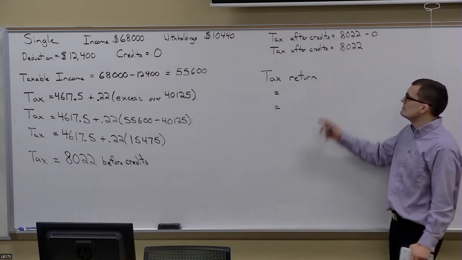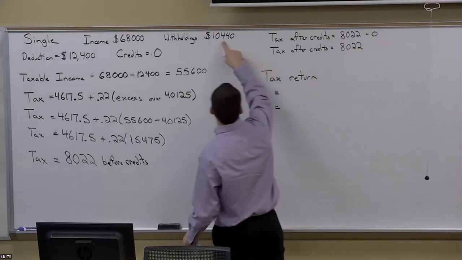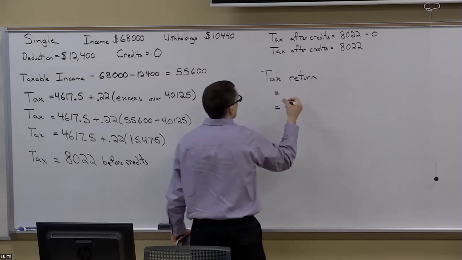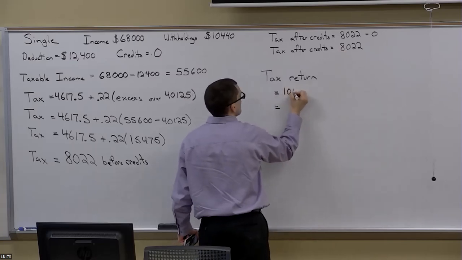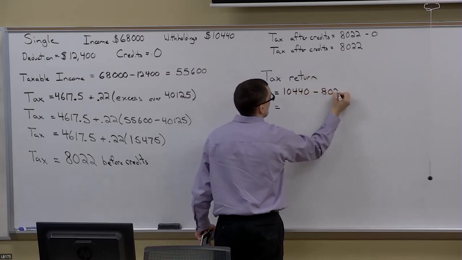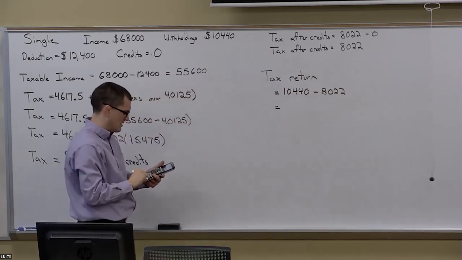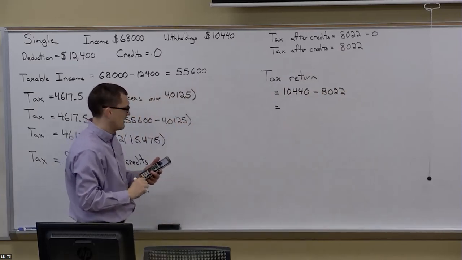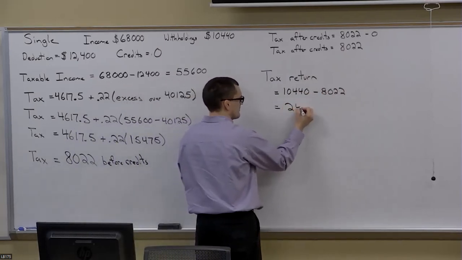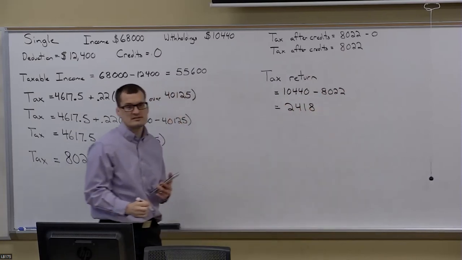So what I'm going to do is take the difference between the withholdings and the tax after credits. If you take that, you get $2,418.